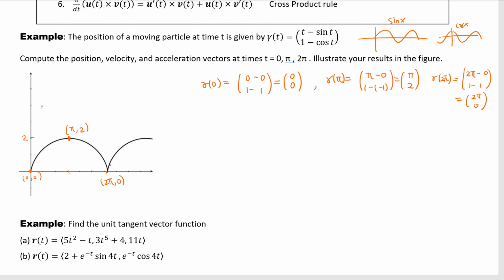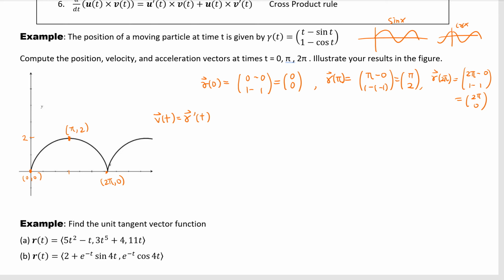Let's continue. How about gamma prime of t? So v of t is then, sorry, sometimes I forget the arrow. Try to include the arrow because we want to distinguish that it is a vector, not a scalar function.